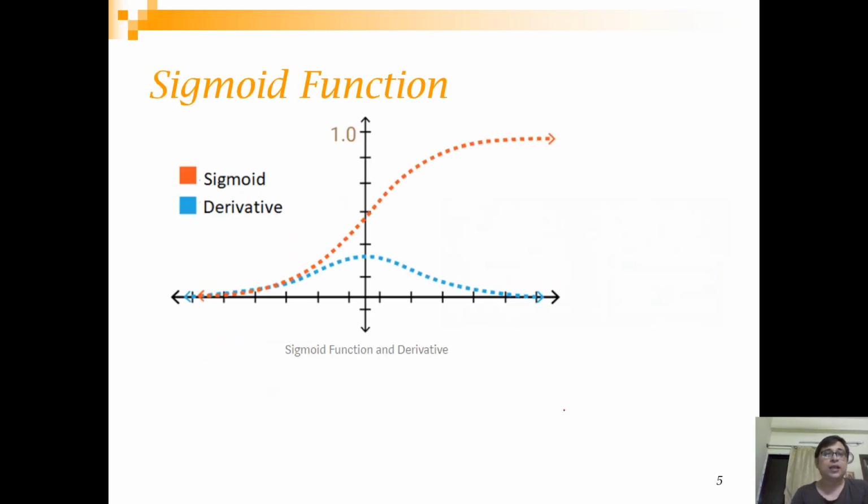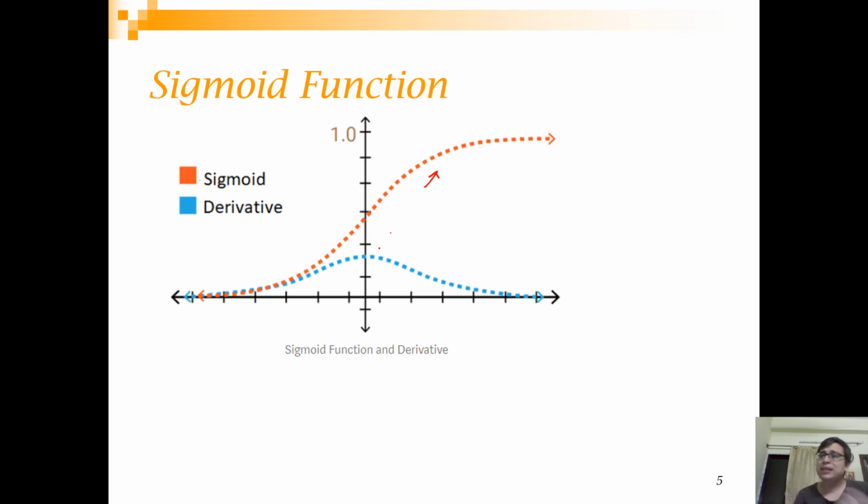Let's now look at the sigmoid function. This is also a very famous function, very popular in the literature. The original value of the function is between 0 and 1, and the derivative is between 0 and 0.25.